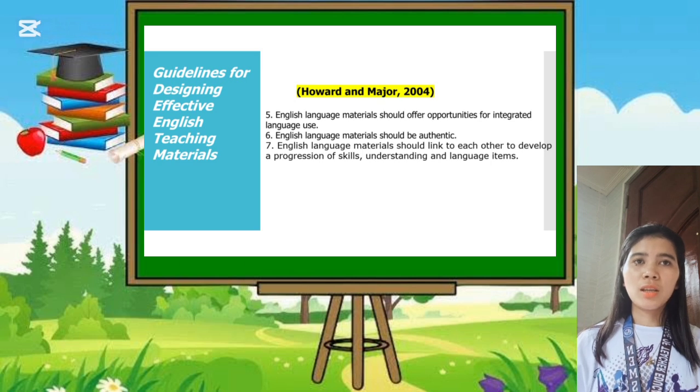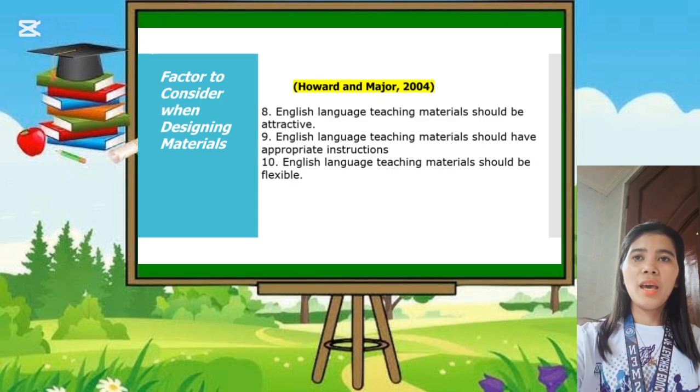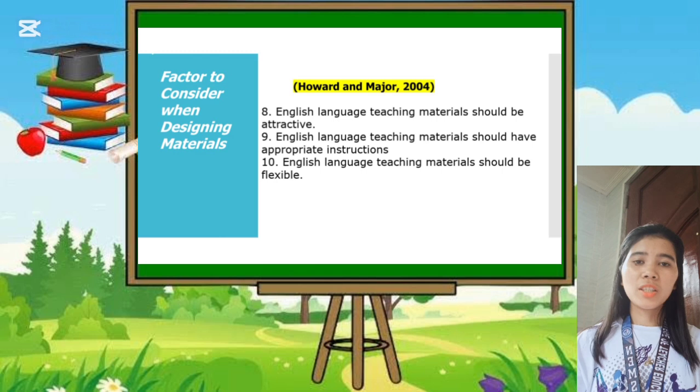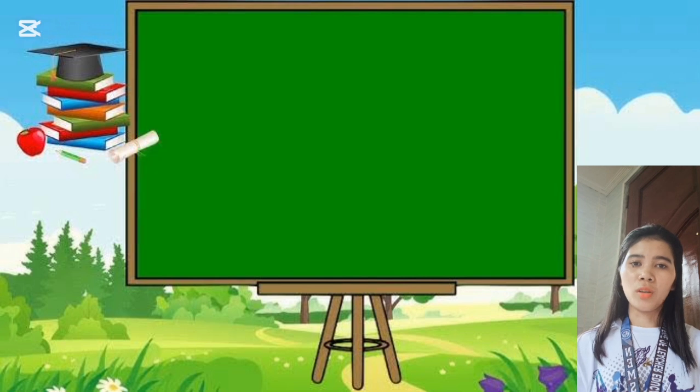Seventh, it should link to each other to develop a progression of skills, understanding, and language items. And eighth, English language teaching material should be attractive. Ninth, English language teaching material should have appropriate instructions. And tenth, teaching material should be flexible.